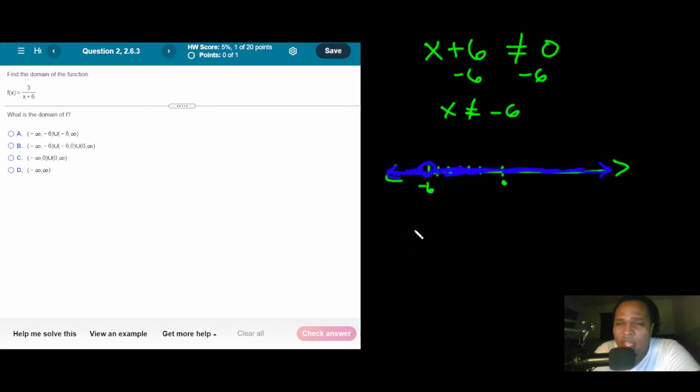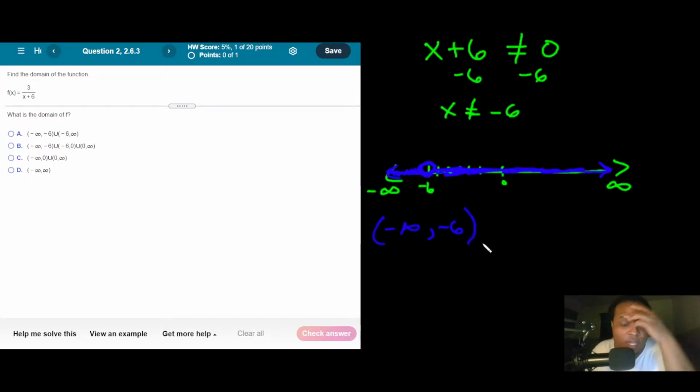So in interval notation, we have to express this graph in interval notation. So to do it, we say anywhere from, and this is negative infinity over here, right? And this is positive infinity. We say that the variable is x. So we say x is anything from negative infinity up to the negative 6. And we use a parentheses.